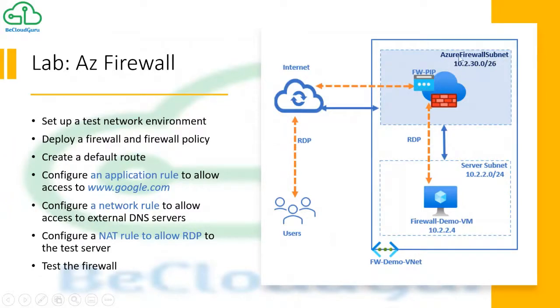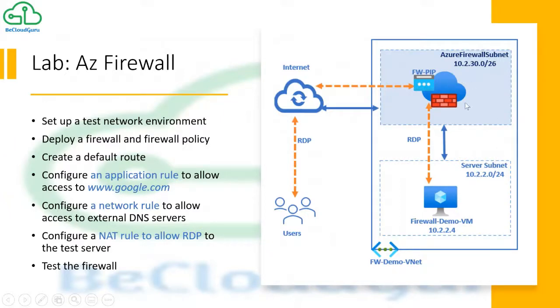If you change the name, it will not be accepted, and it will not allow you to place your firewall into it. It is always recommended by Microsoft to have a subnet mask of /26 for the firewall subnet. Then we have another subnet, which is a server subnet, where we have kept our firewall demo virtual machine, and we have given this IP range to the subnet.